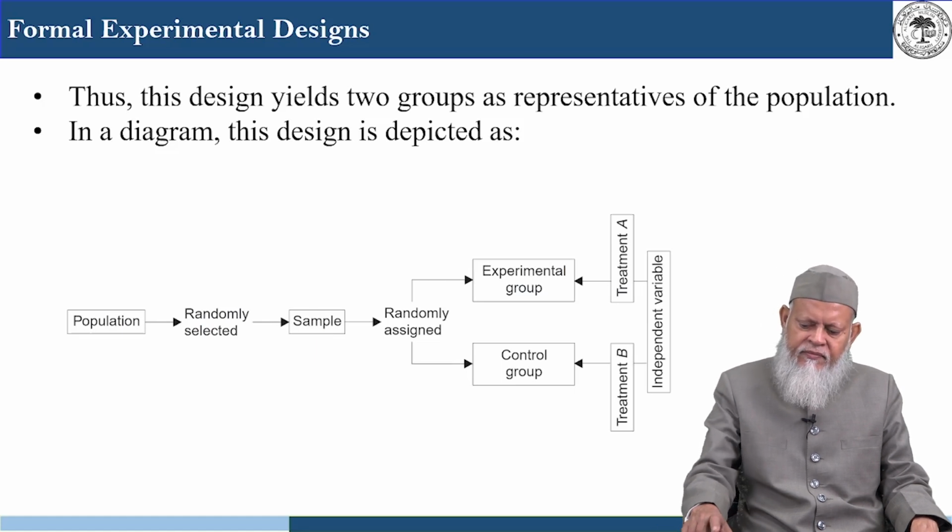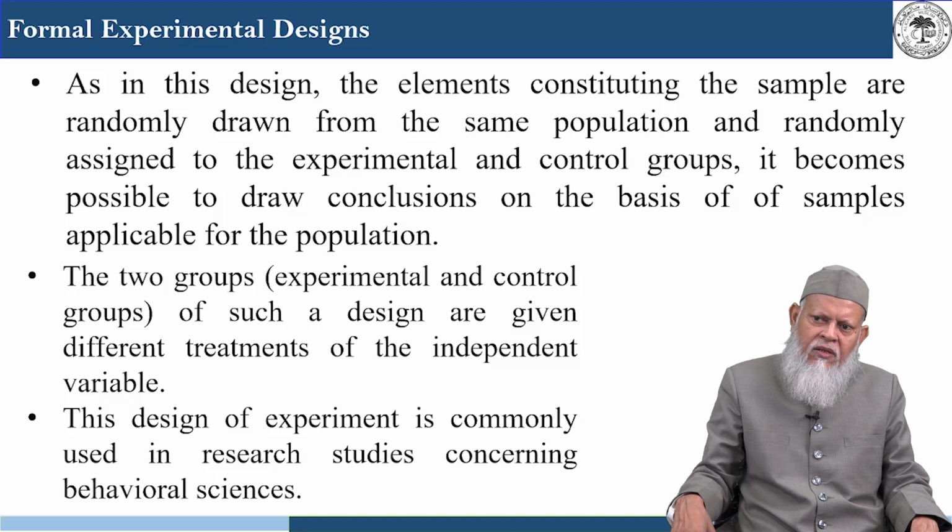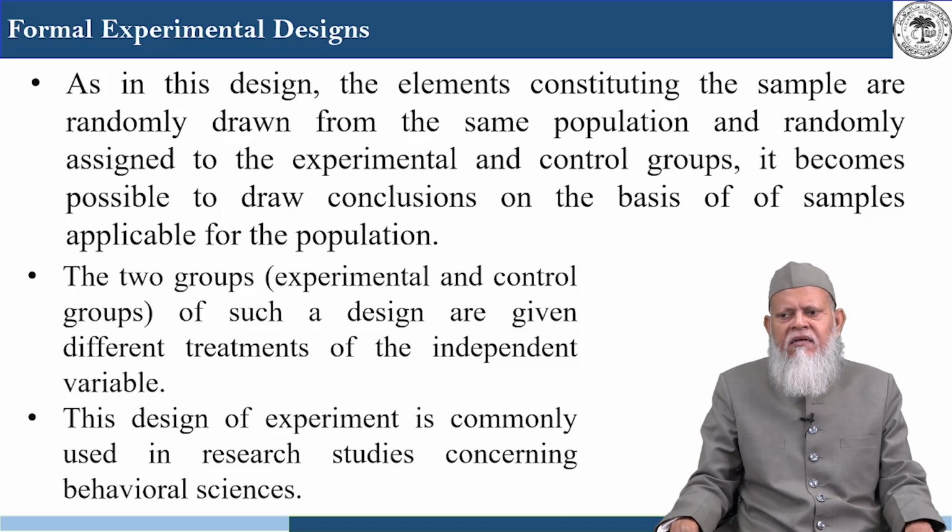So, in this design, the elements constituting the sample are randomly drawn from the same population and randomly assigned to the experimental and control groups. And hence, it becomes possible to draw conclusions on the basis of samples applicable for the population.